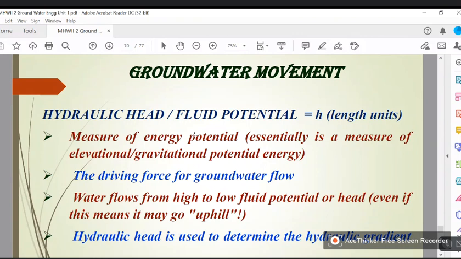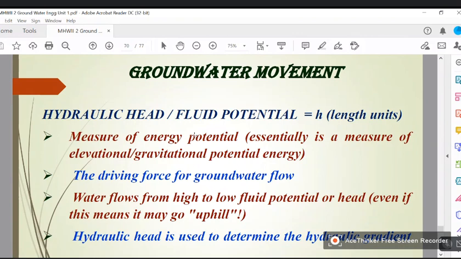The example is, if you install a pump, you can pump water from the ground surface to an overhead reservoir because there the pressure is less and here the pressure created is more. So therefore the flow will be from lower elevation to higher elevation.